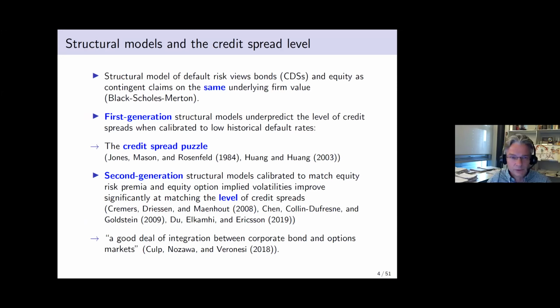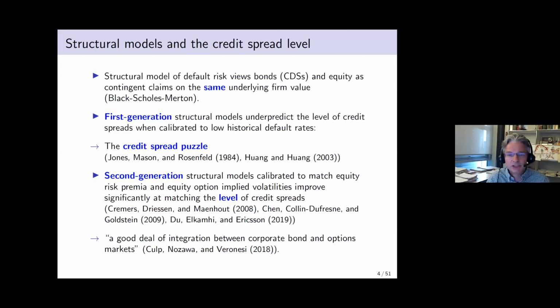The first applications of these models led to mixed results. The early implementations tended to find that properly calibrated structural models tended to underpredict credit spreads. This is the famous credit spread puzzle due in particular to Huang and Huang.